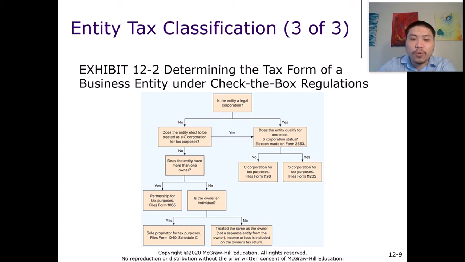If there's one owner, then the taxpayer can be treated as a sole proprietorship. But if there are multiple owners, then the taxpayer can treat their business as a partnership. This graph is just to summarize the process, but I think it can be helpful.